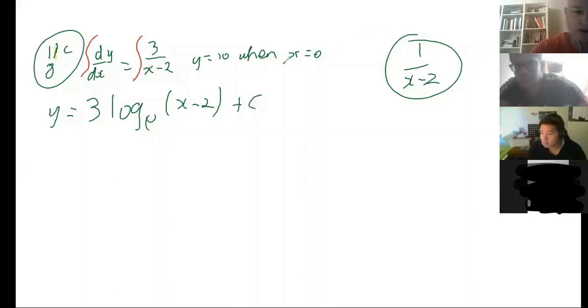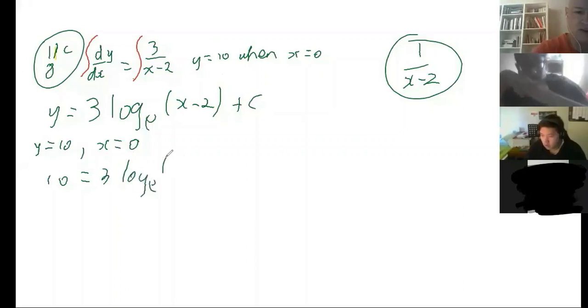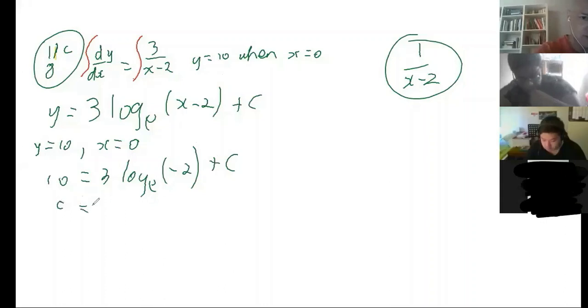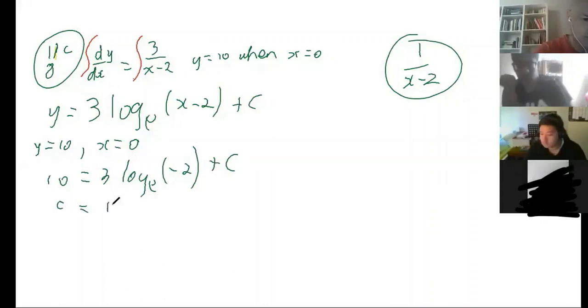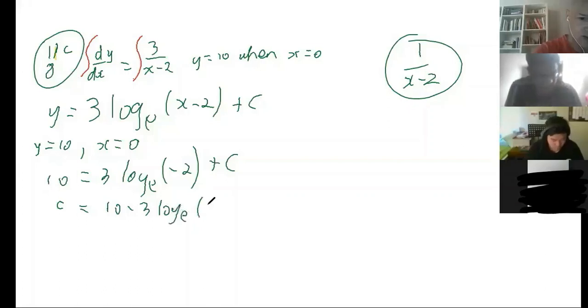Now, we know y equals 10 when x equals 0. So I'm going to substitute that in. So I get 10 equals 3 log e of 0 minus 2, which is negative 2, plus c. So c will equal 10 minus 3 log e of negative 2.